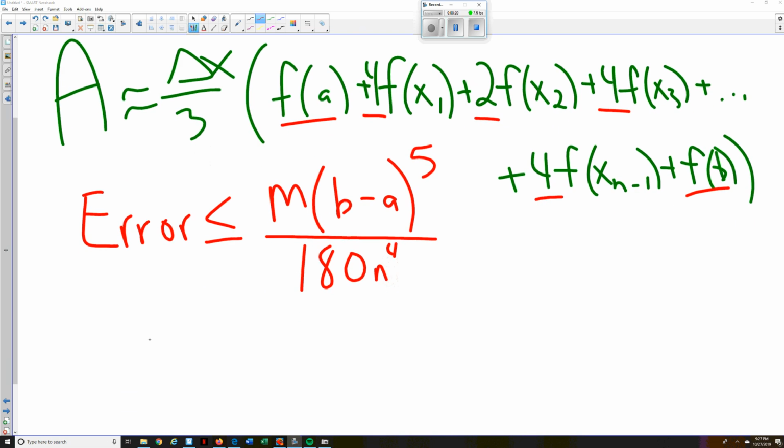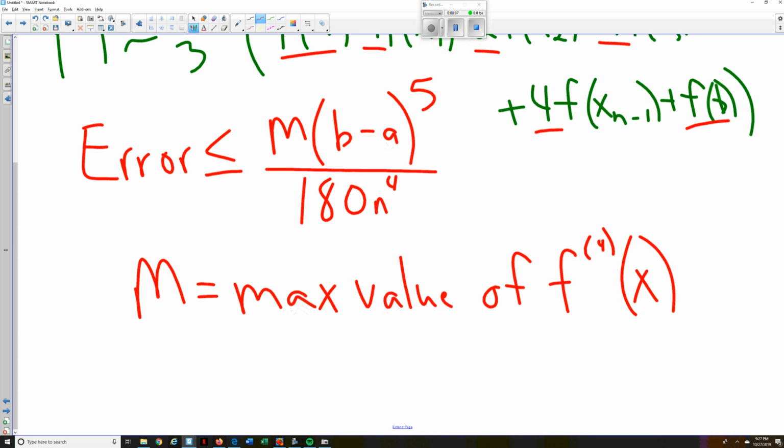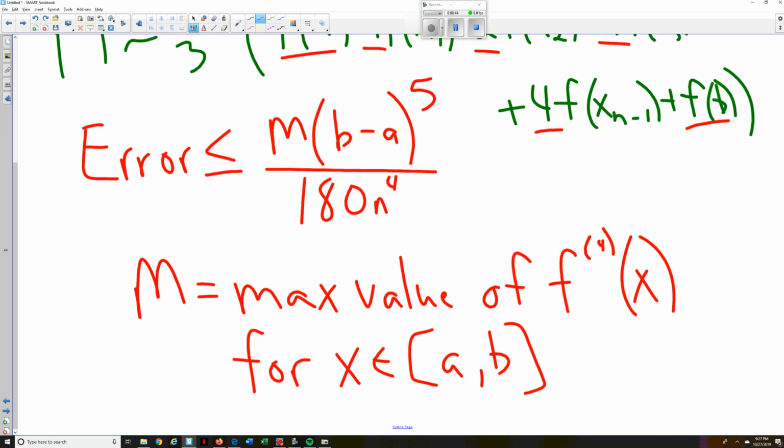M this time is the maximum value of the fourth derivative of f(x), for x an element of [a, b]. So it's got to be between a and b. All right, so there you go. Hopefully we can make this make a little sense to you. We'll talk a little bit more.